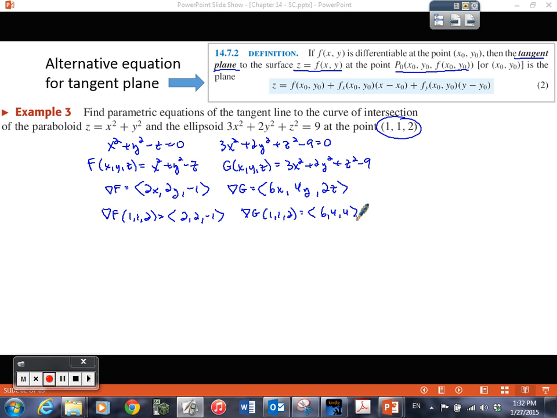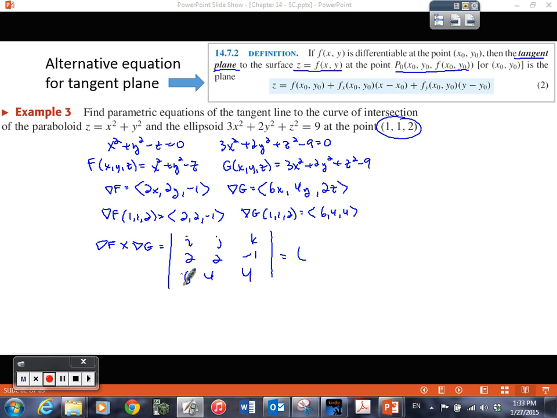So what we were talking about earlier: if we cross these two gradients, we're going to get a tangent vector. So we cross gradient f with gradient g. Recall from many moons ago doing our fun crossing: (2, 2, -1) crossed with (6, 4, 4). You can probably do these in your sleep.